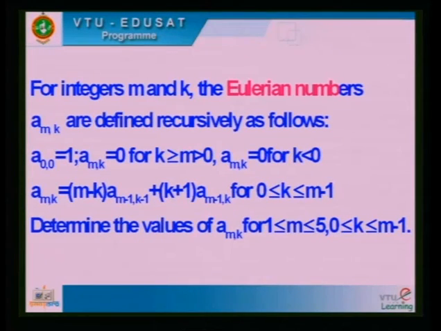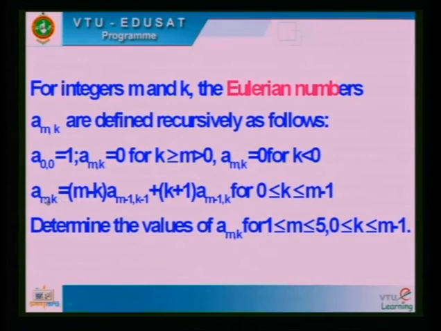Next we discuss the Eulerian numbers. For integers m and k, the Eulerian numbers A of m, k are defined recursively as follows. A of 0, 0 equals 1, A of m, k is equal to 0 for k greater than or equal to m greater than 0, and A of m, k equals 0 for k less than 0.